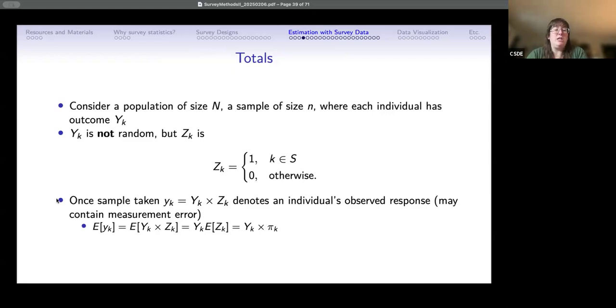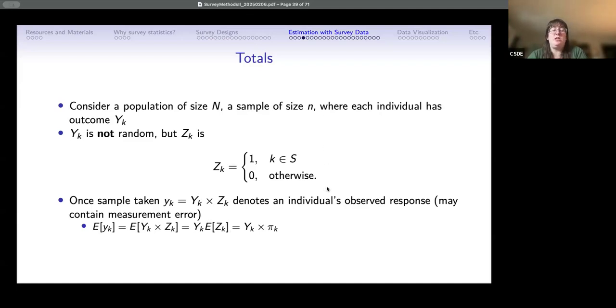So what we're actually computing the expectation of, when we get our observed data, is the product of big yk, the fixed true attribute about that person, and their value of zk, which is random in every sample. So in the expectation of this, yk is a constant, right? It's not random in this context. That can just be pulled out of the expectation.